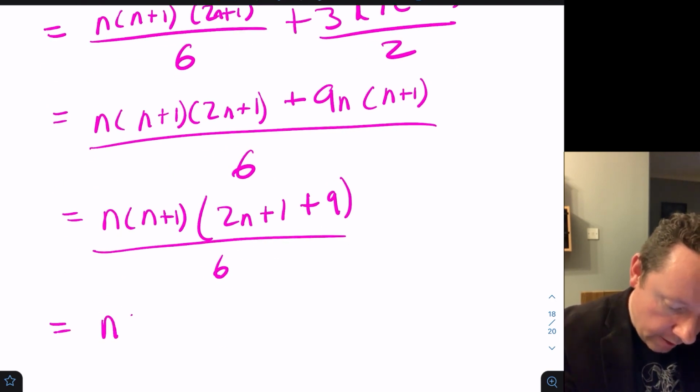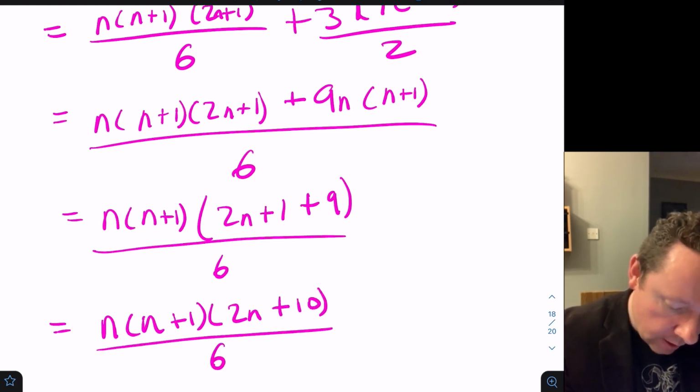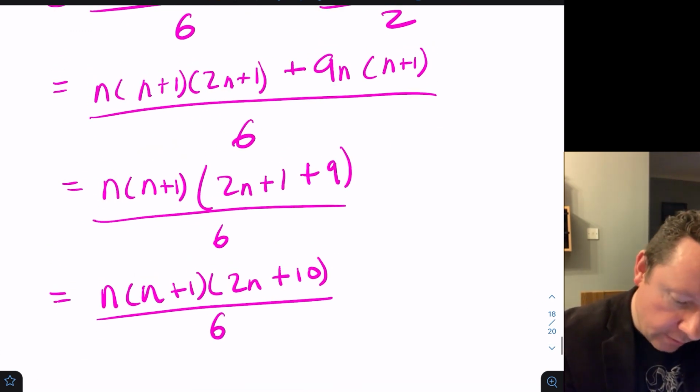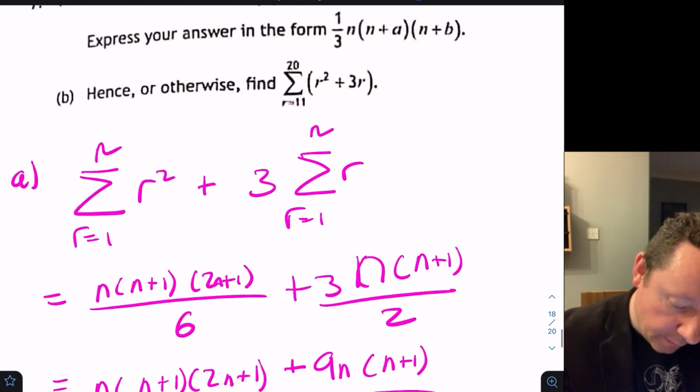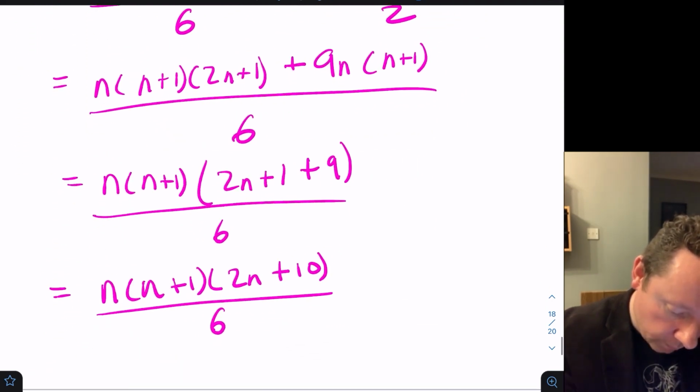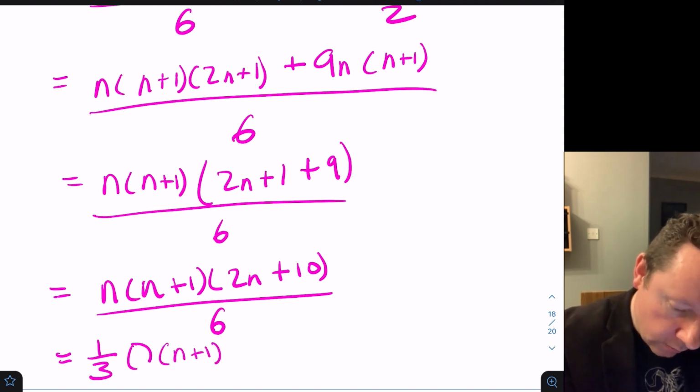That's n plus 1, 2n plus 10 all over 6, and it says leave it divided by 3, or a third. So I want to take a third out, n plus 1. I've divided the bottom by 2, so I can divide the top by 2 to get n plus 5.